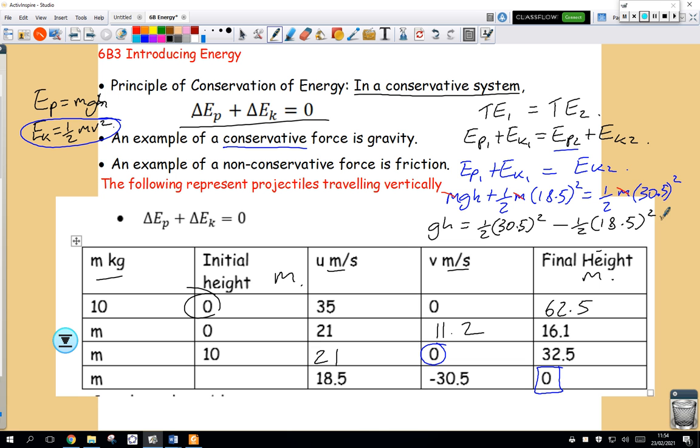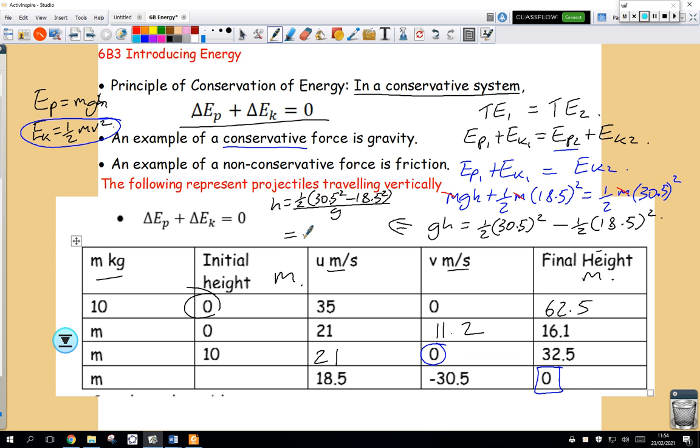So to find h, I put it over here just because space is an issue. h is going to equal all that stuff on the right side. That's going to be half times 30.5 squared, maybe I'll factor that half out, minus 18.5 squared, all over little g, whatever that works out as.